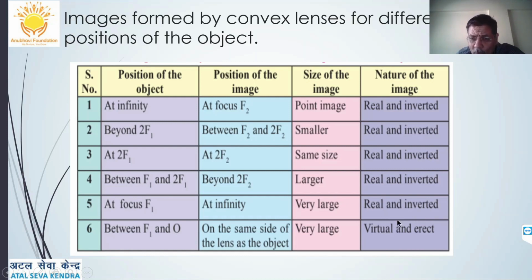And only in one case, when the object is between f1 and the optical center, the image is formed on the same side of the lens as the object, very large, but erect and virtual. This is used by various people like the palmists, the astrologers, and also the watch repairers, who use it for magnifying the objects they are repairing.